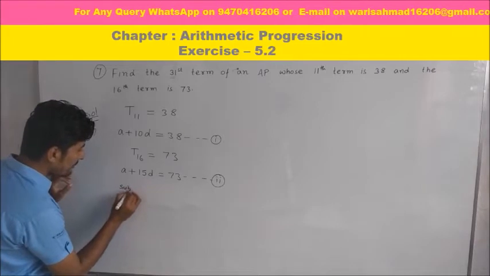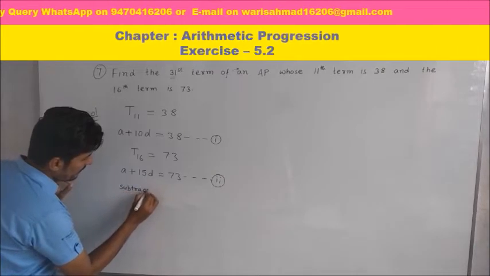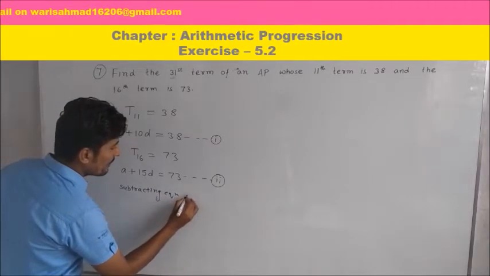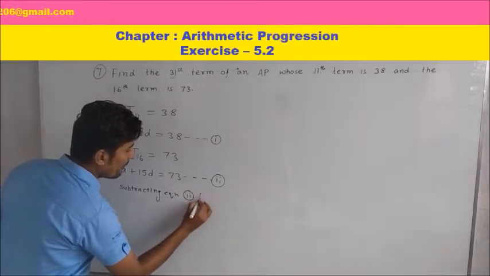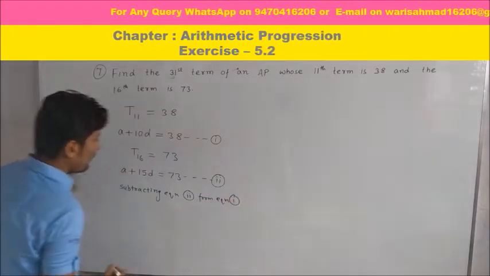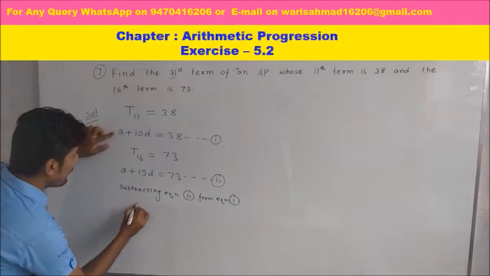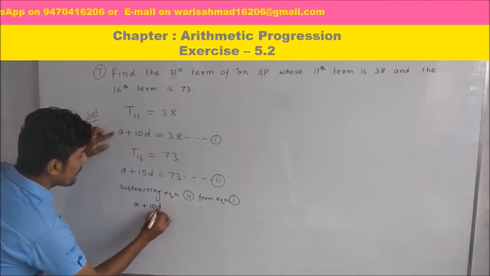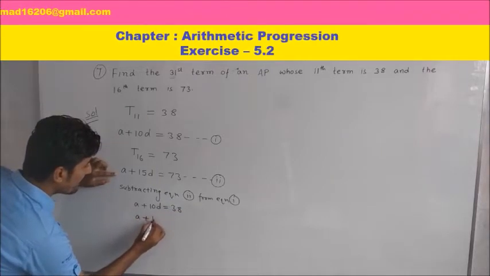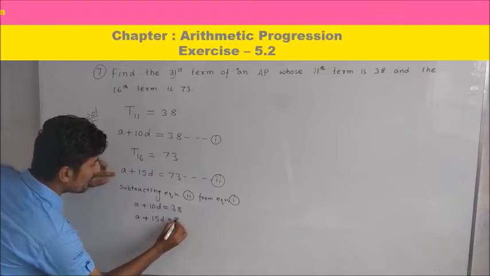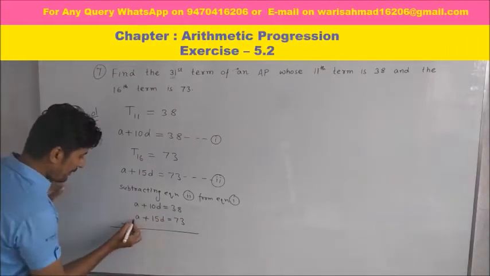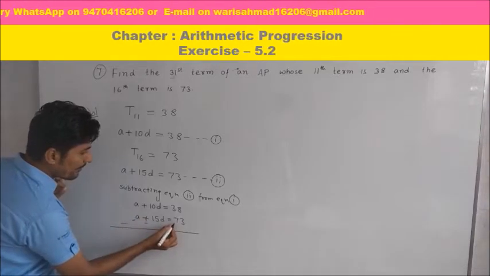Subtracting equation 2 from equation 1. The first equation we have is A plus 10D equals 38, while the second equation is A plus 15D equals 73. Now we are going to subtract both the equations, positive to negative, positive to negative, positive to negative.